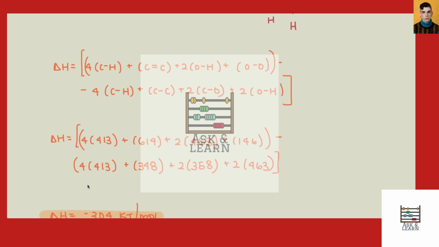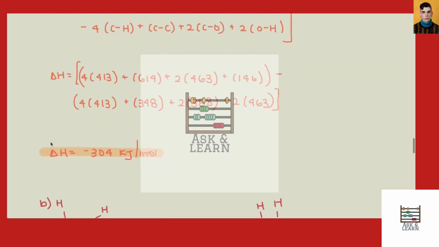We'll subtract off 4 times 413 plus 348 plus 2 times 358 plus 2 times 463. So now all you have to do is plug that into a calculator and you'll find that the enthalpy of this reaction based on the bonds is negative 304 kilojoules per mole.